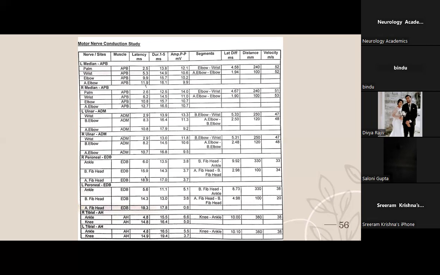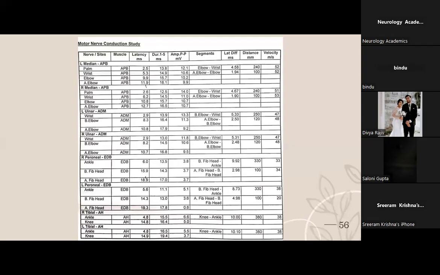Right peroneal shows prolonged latency, reduced amplitude with no conduction block, and reduced velocity. Left peroneal also shows mildly prolonged latency, with a conduction block between above and below the fibular head, and conduction velocity slowing, with velocity reduced to 20.